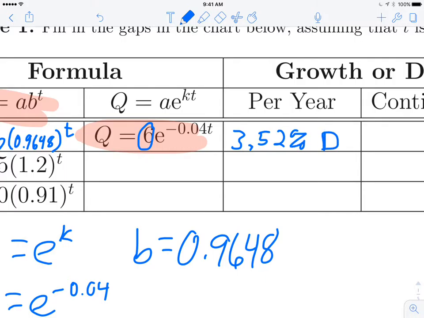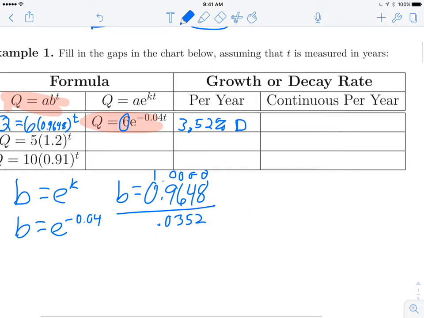And I'll just put a capital D there for decay. Again, I got that by taking 1 minus 0.9608, and that would give me 0.0392, and then just move the decimal, 3.92%.